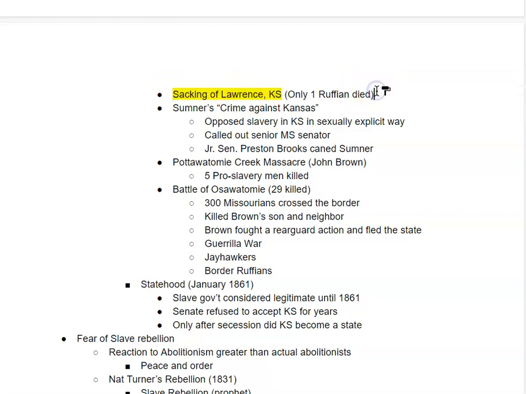Lawrence was a major free state bastion, a city that mainly supported the Jayhawker position, and the Missourians crossed the border, and they were often known as bushwhackers or ruffians. And they rode into Lawrence. The people of Lawrence got the word, and the people actually all fled the town, and the Missourians burned Lawrence to the ground. And there was only one casualty, and it was one Missourian. And then they rode back to Missouri.